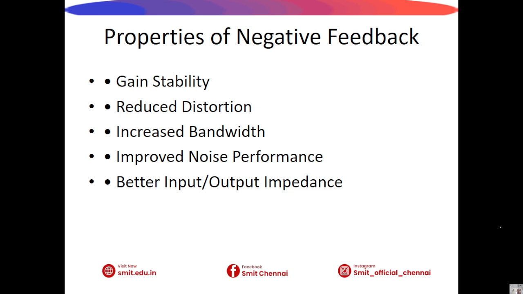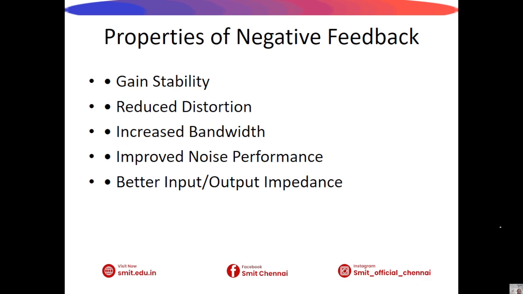Next, we see about the properties of negative feedback. Negative feedback provides several important benefits. First, it improves gain stability. Even if transistor parameters change due to temperature or aging, the amplifier gain remains relatively constant.